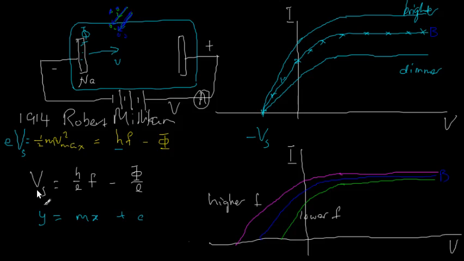So this means that if I plot a graph of stopping potential against frequency of the light, I can find the gradient and calculate h, since we already know what e is from Millikan's own experiment, maybe some years before this. So that makes it possible to use this idea to actually measure Planck's constant.